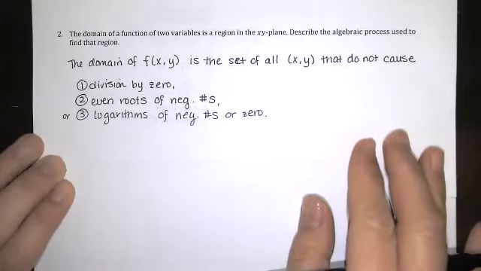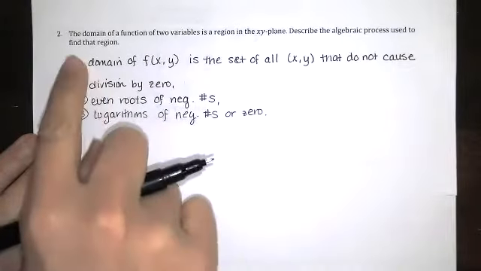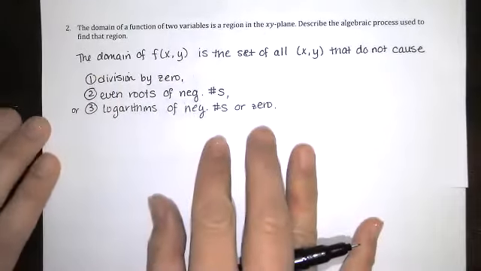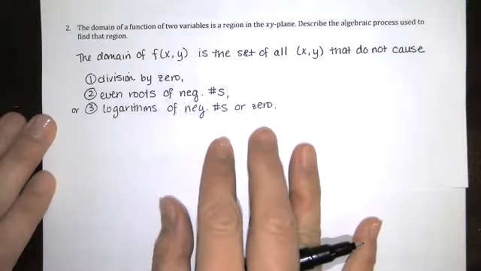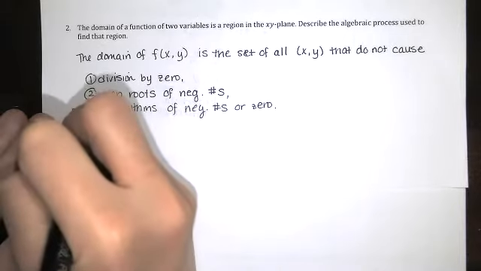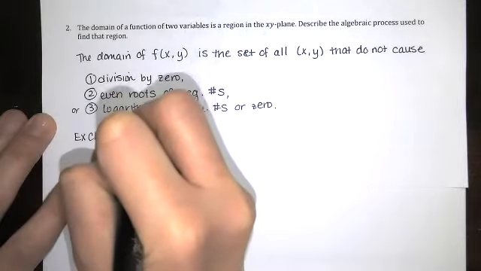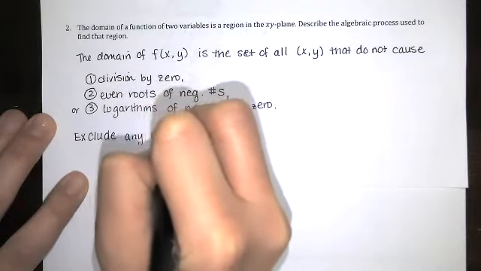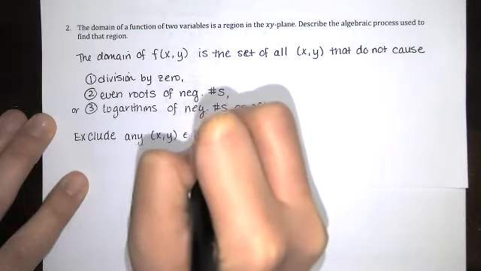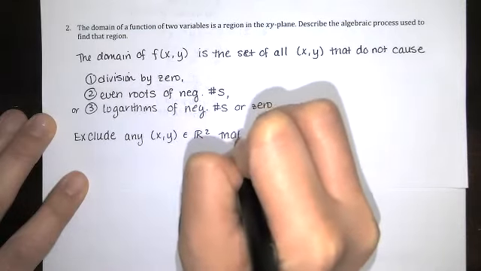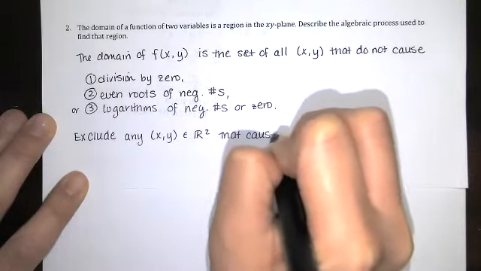Okay, so describe the algebraic process used to find this region. So we'll say exclude any xy in R2 that cause the problems above.